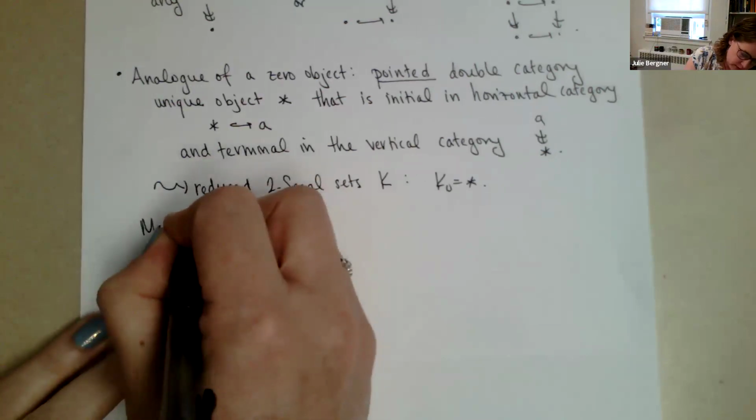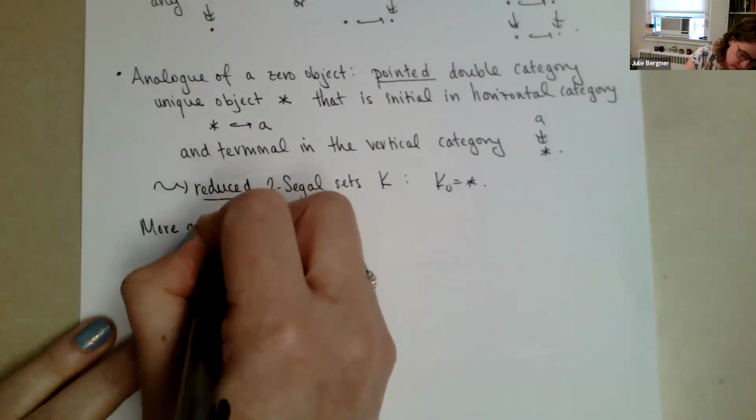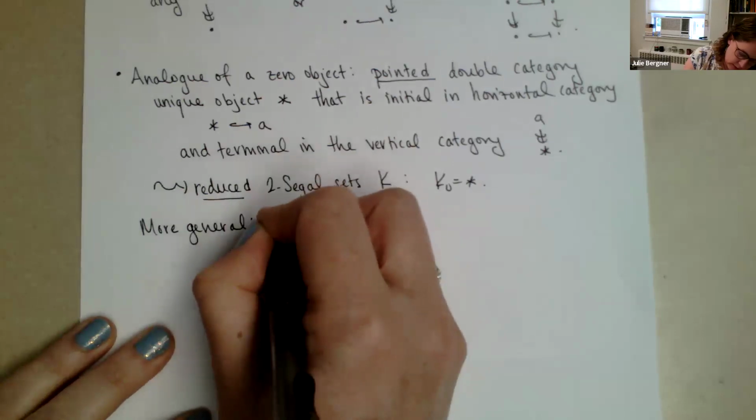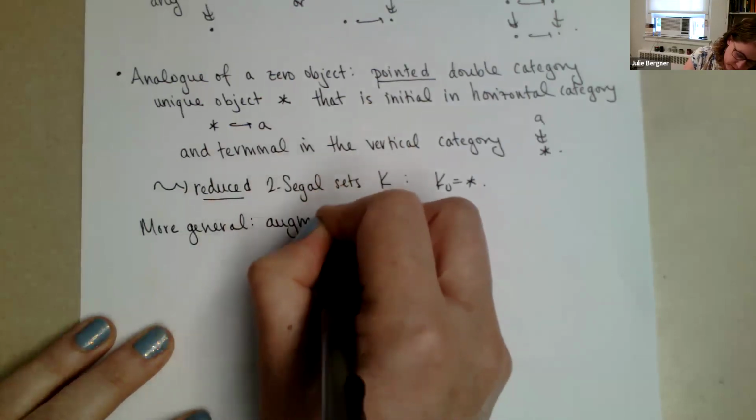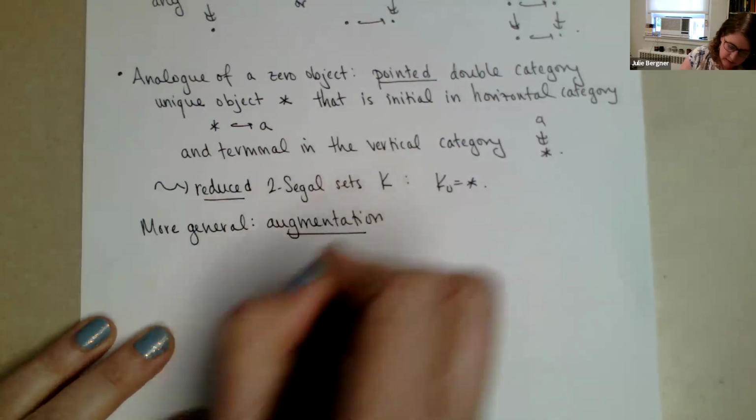things with more interesting sets of zero simplices, we can take something called an augmentation. And this is a very odd sort of condition.